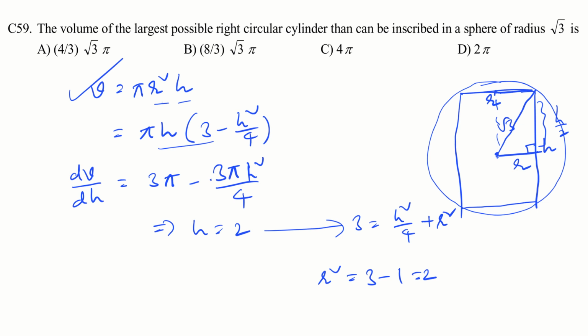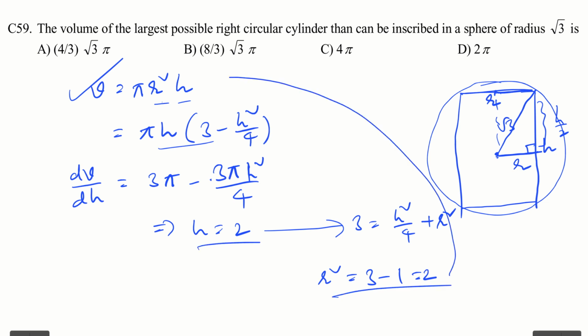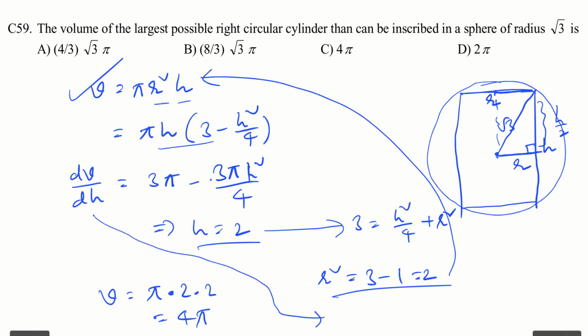Therefore, using these values of r and h in the formula over here, I have volume is equal to pi r square h. I am getting 4 pi. Now, to show that it is maximum, I have to go for the second derivative.